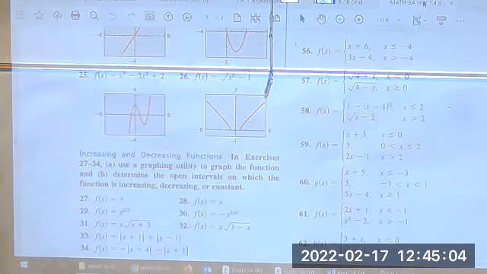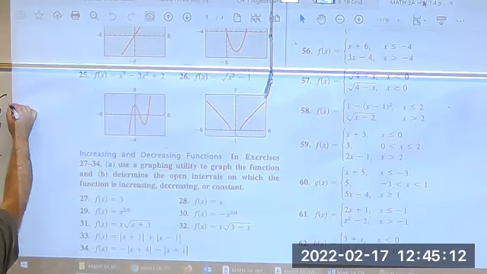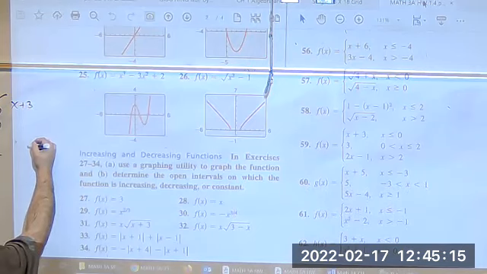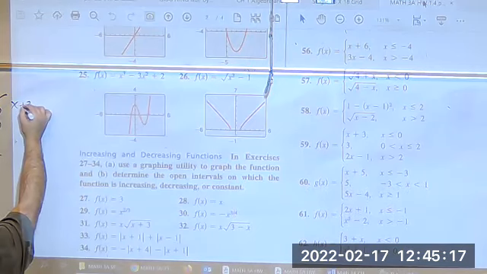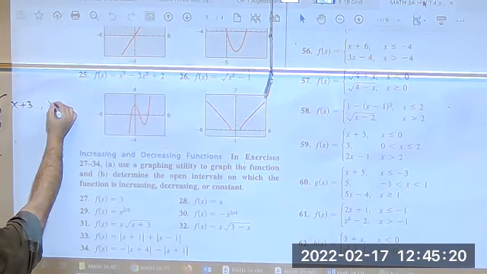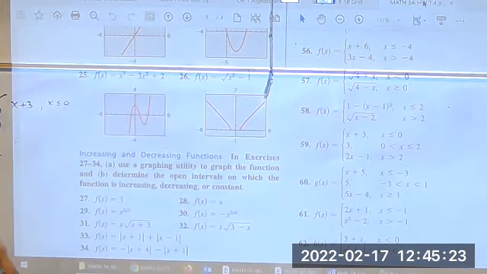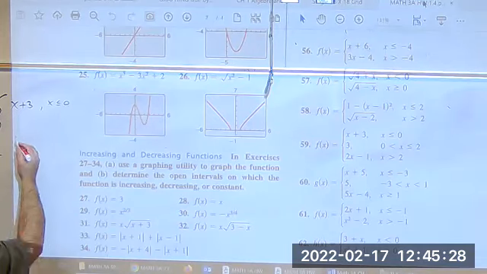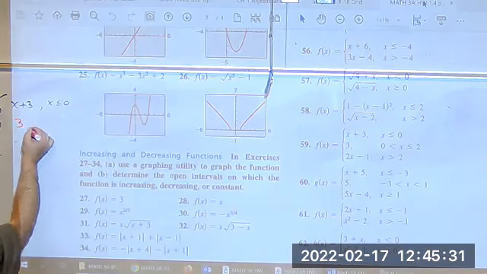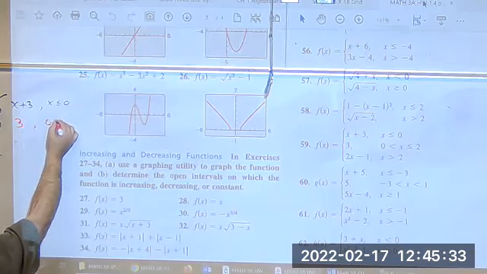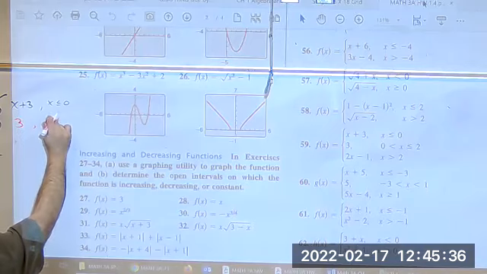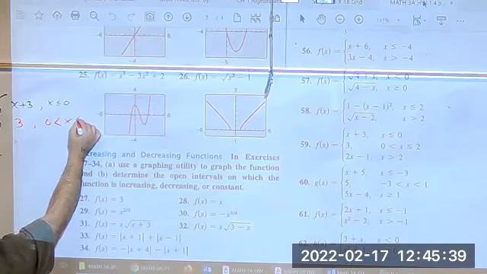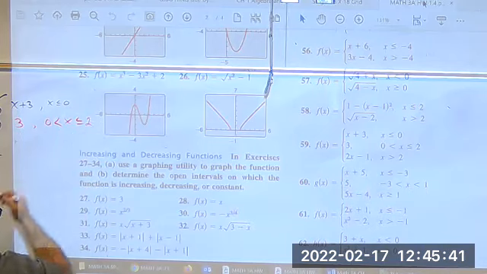We have f of x is equal to the function, the first piece is x plus 3 when the x's are less than or equal to 0. So that means negative numbers or 0. The function is equal to exactly 3 for every x value that's greater than 0, but less than or equal to positive 2.